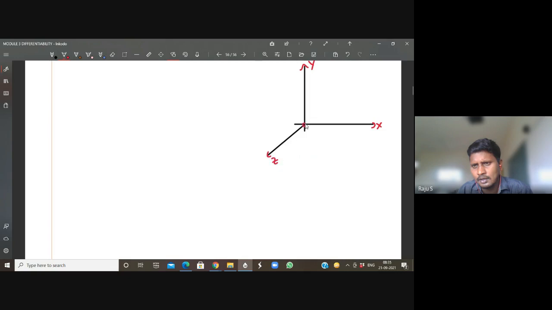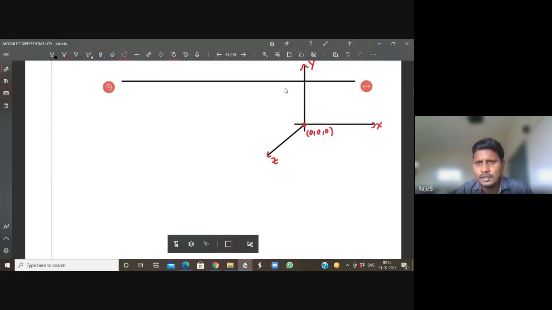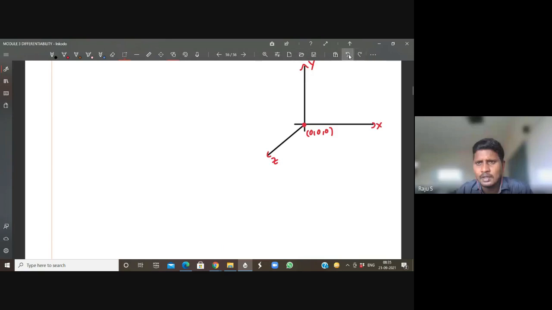See, the three-dimensional concept is interesting and also very easy. I'm going to take any line in the space.